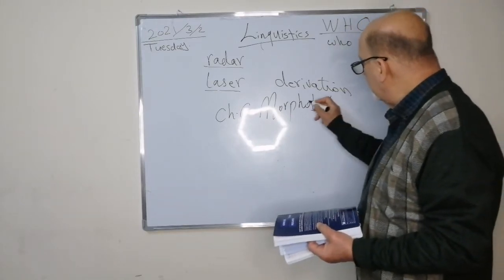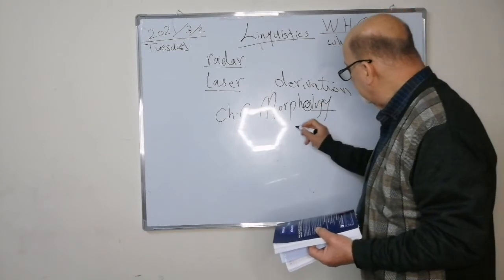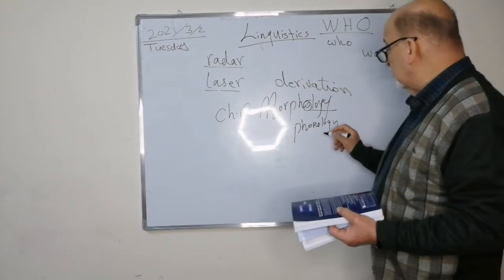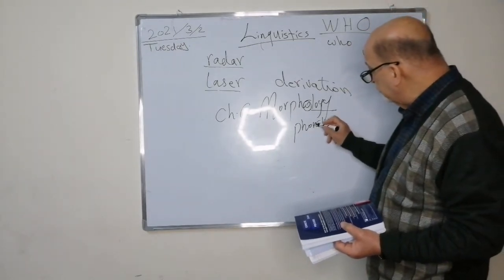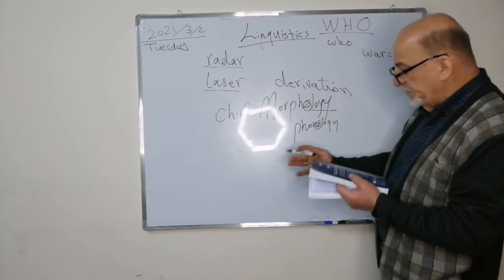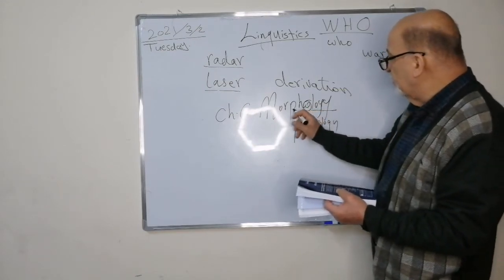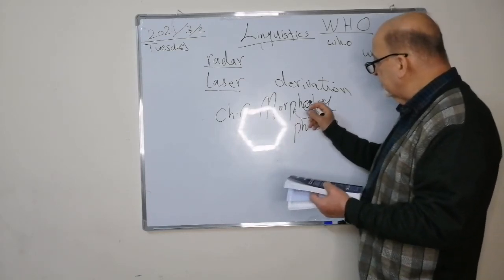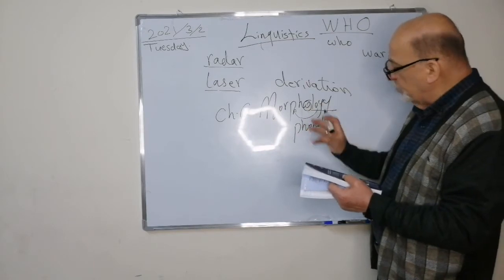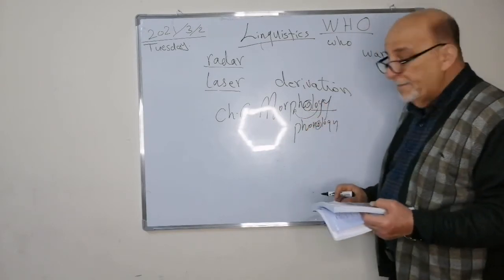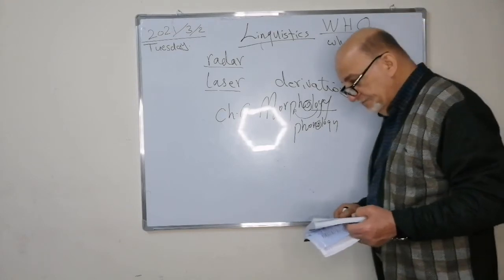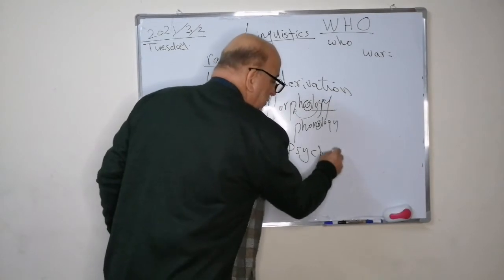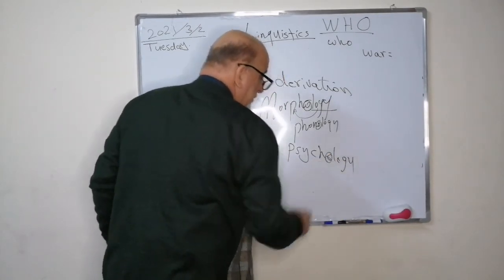Logy, see, like phonology: phone, ology. See, they use O in order to separate two morphemes, just like morphology. The O is there in order to separate. They add it between two morphemes. Similarly, phonology, similarly, psychology. See the O here. See, psych.